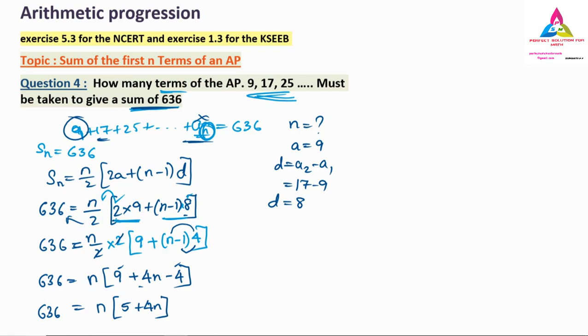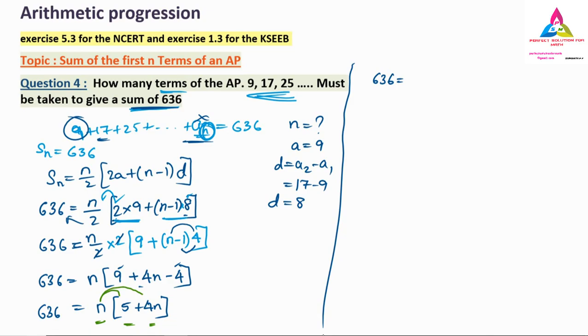So I think till here you don't have any difficulty. Now we will solve further. When solving further, 636 I will write down as it is, equals to, now we have here n, and this 5, and plus 4n. This n I have to multiply with this 5 and also with this 4n.